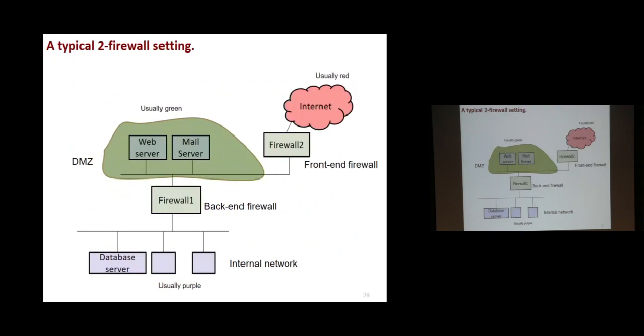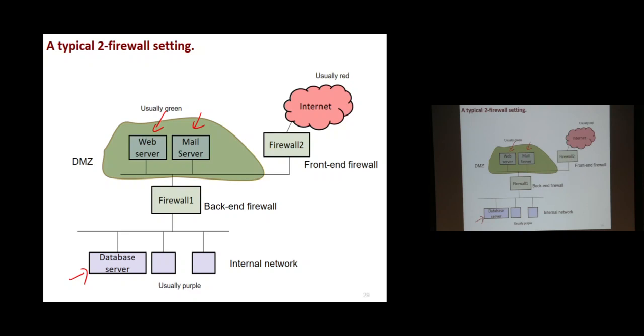So this is one way to visualize it. In this organization, there is a web server, a mail server, and a database server. And possibly there are many other machines, which I did not draw here, like those in the programming lab.